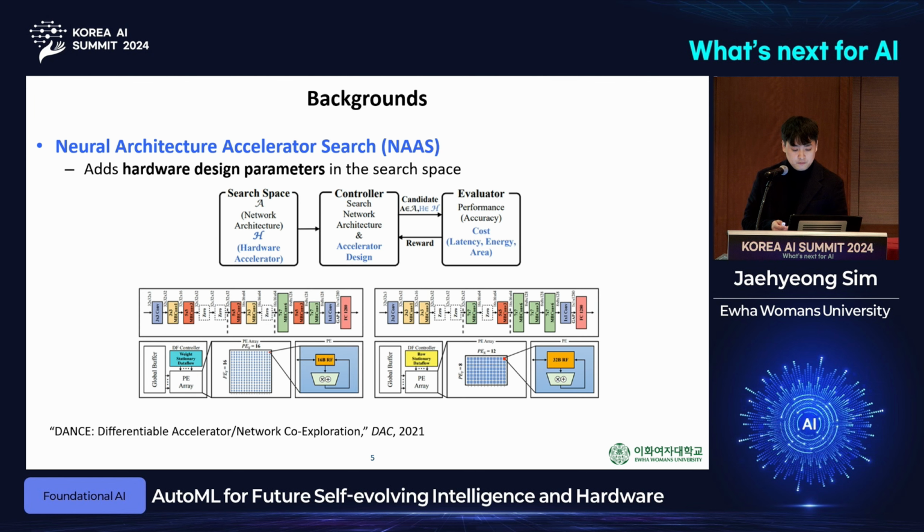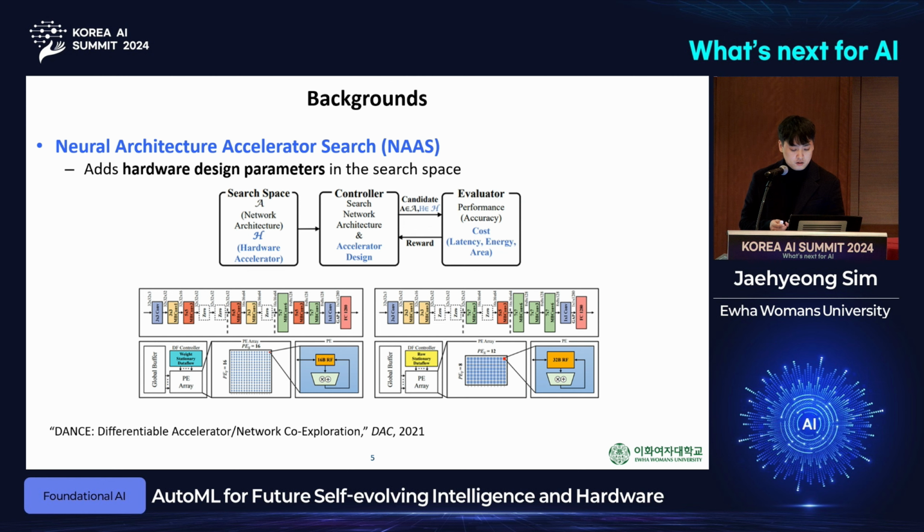And there is another stream of works that designs not only the neural architecture but also the accelerator at the same time. There's no standard terminology, but I would say neural architecture and accelerator search.